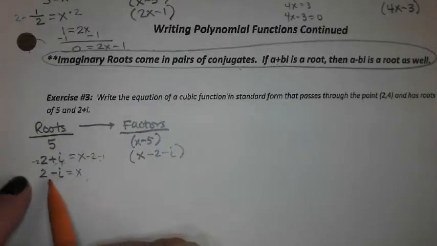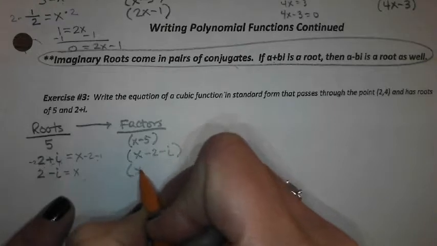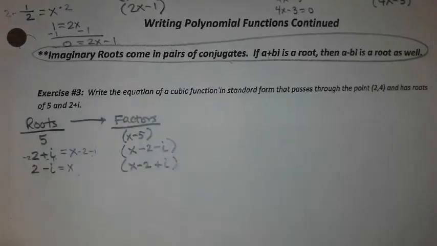Add i over, subtract your 2 over, so x minus 2 plus i. Okay? Nathan? Yep, you could, if you want to do that. I just tend to keep my x positive right from the get-go, so yeah, that's fine.